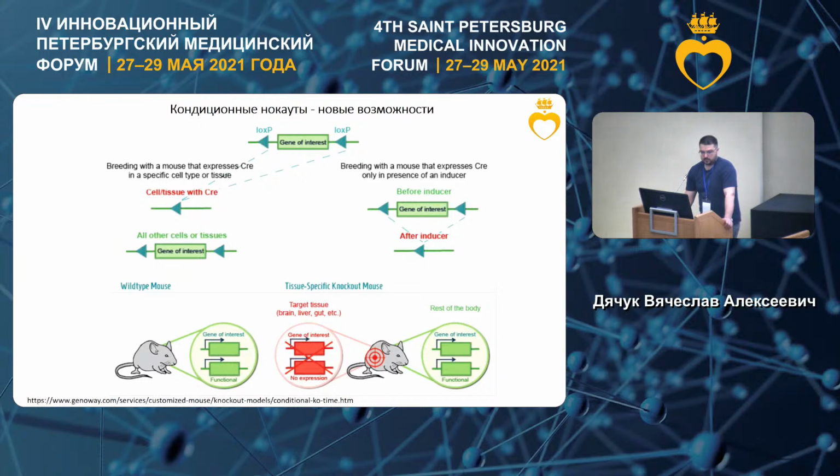This is a wild type mouse with a gene of interest. If you use a conditional knockout, you can take the gene of interest and a certain tissue promoter. If you took SOX10, for instance, a transcription factor that is expressed in glial cells, you can kill all the glial cells using that procedure by knocking out that factor. Thus, you get a knockout which you induced within a certain time limit.